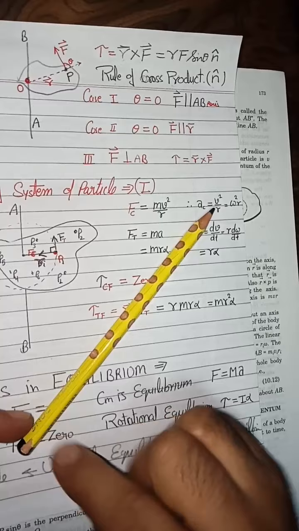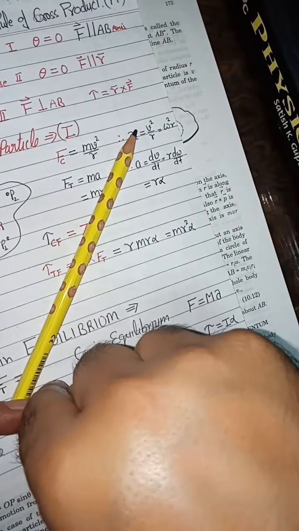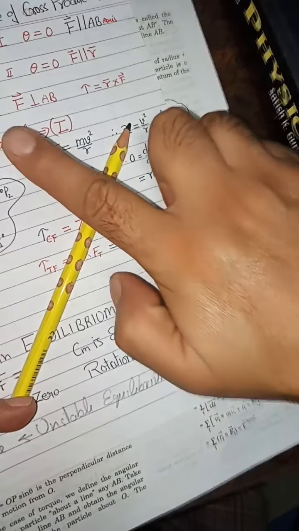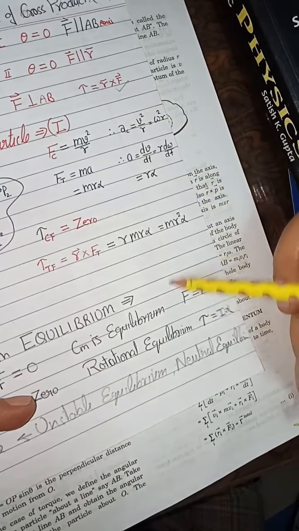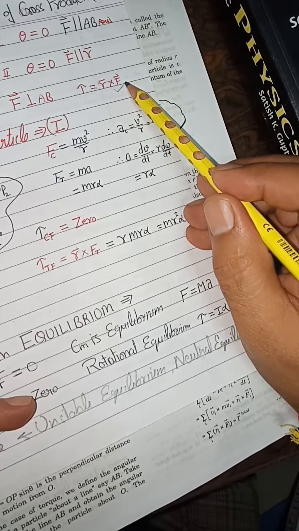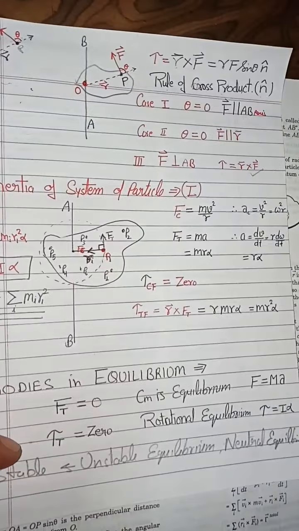Suppose the axis of rotation is downward like this, and I am applying force perpendicular. In that case, definitely there will be a torque, which is called maximum torque. That is R cross F, which is equal to R into F. This is called maximum torque.